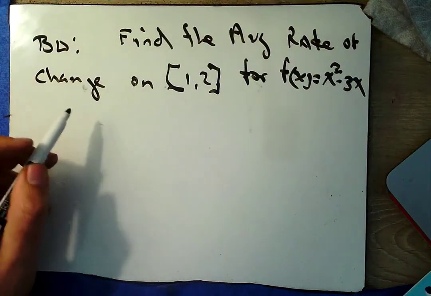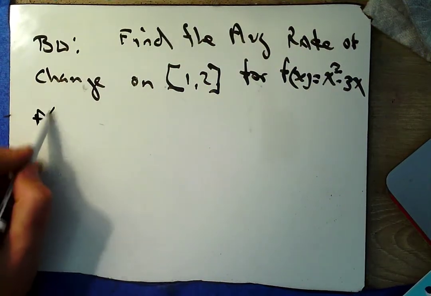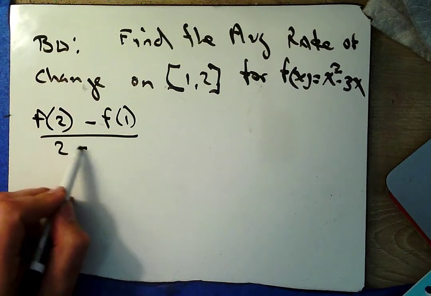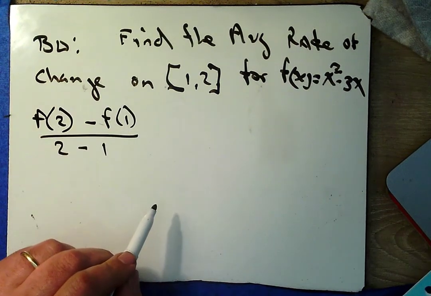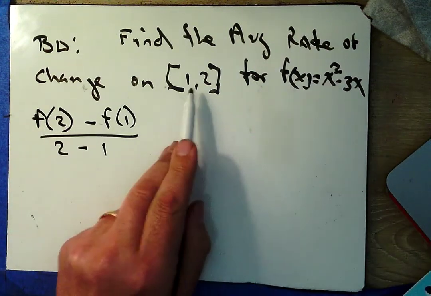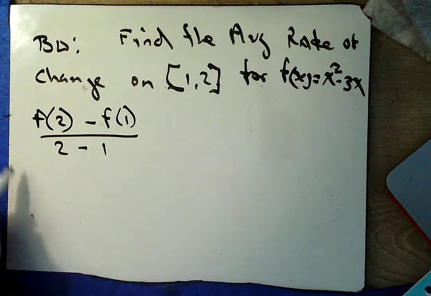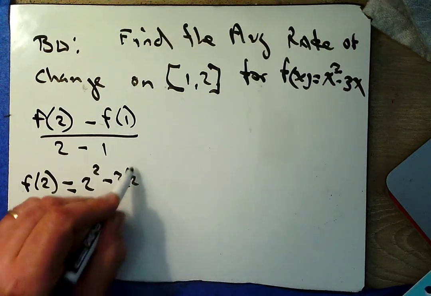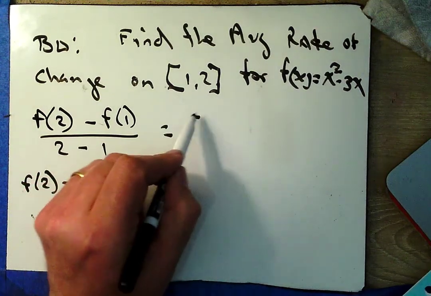Okay, welcome back. So remember, we need f of 2 minus f of 1 over 2 minus 1 to find that average rate of change, because average rate of change is just the slope of the secant on that function between these 2 points. So f of 2 equals 2 squared minus 3 times 2, which is negative 2.